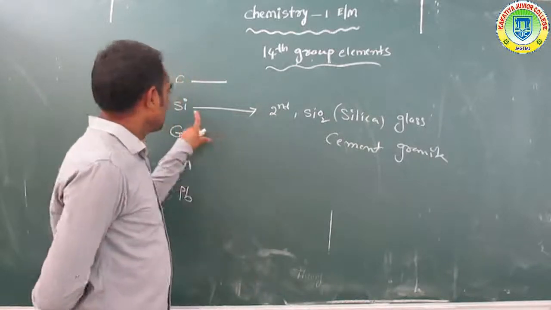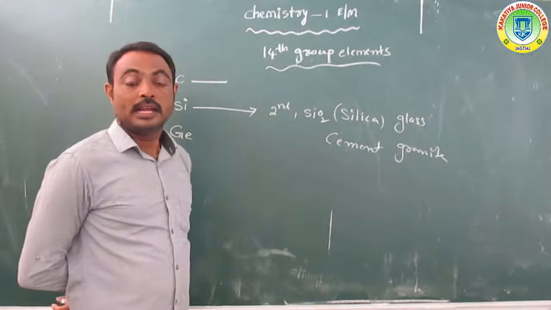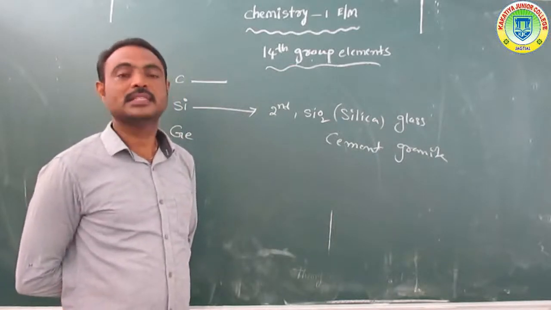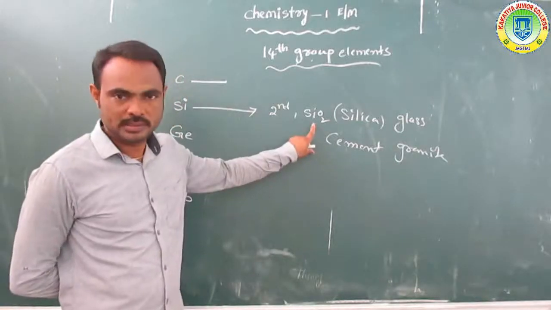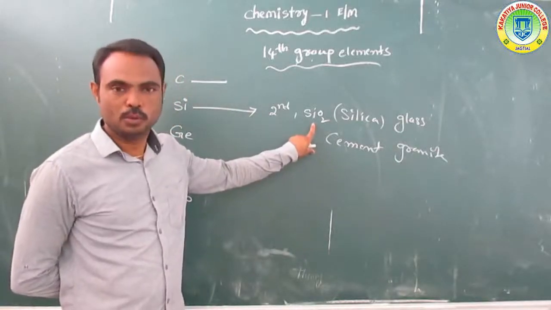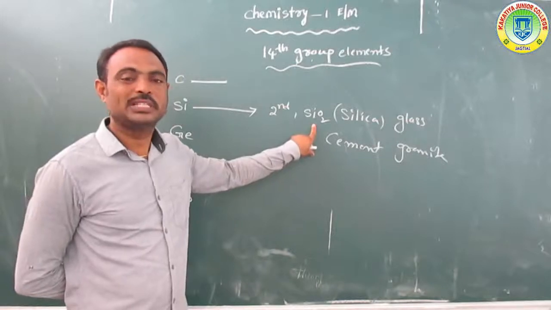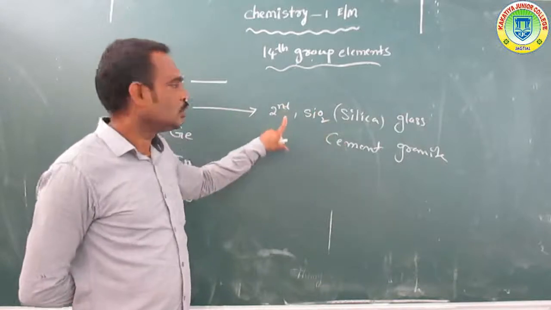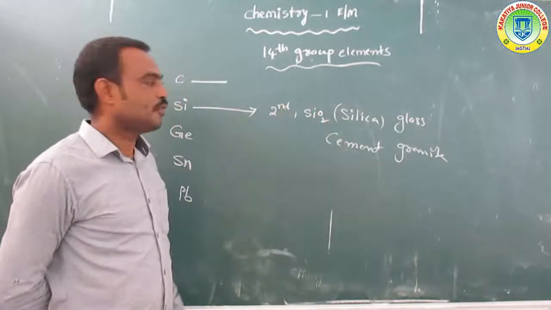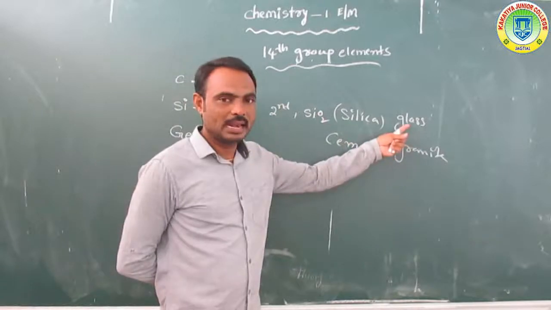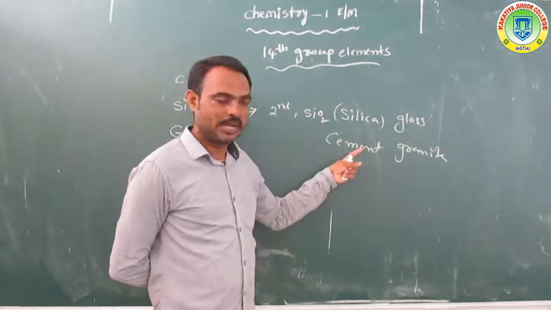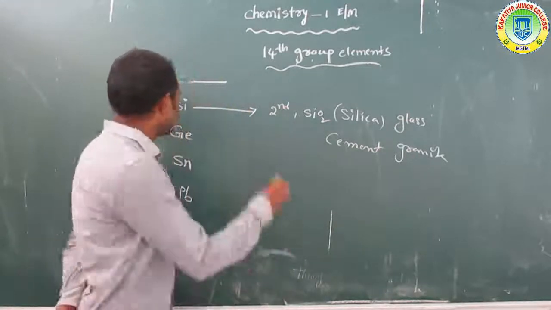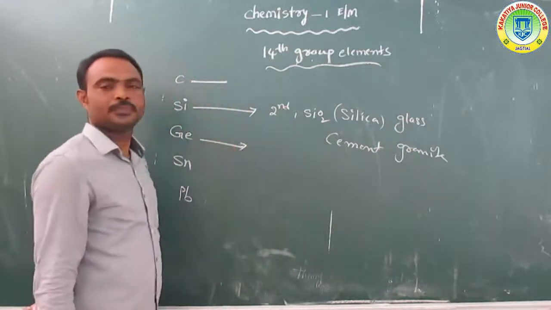So silicon, the second most abundant element in the earth's crust, is available from SiO2, silicon dioxide or silica, and also from components like glass, cement, and granite.